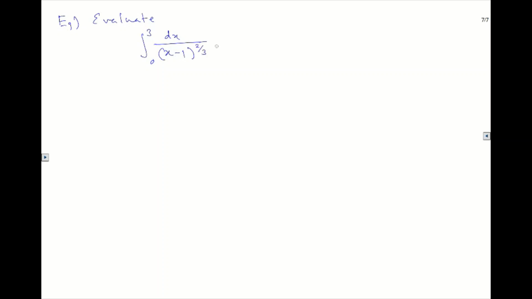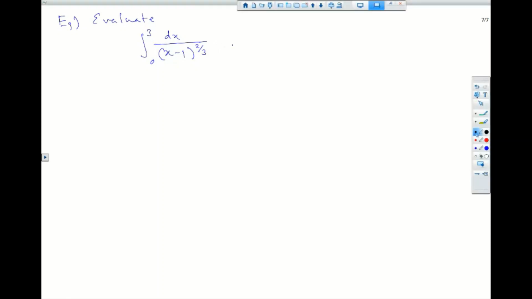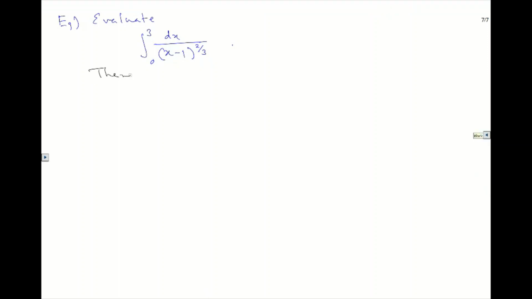Okay, this integral, you can see that there is a discontinuity at x equal 1.